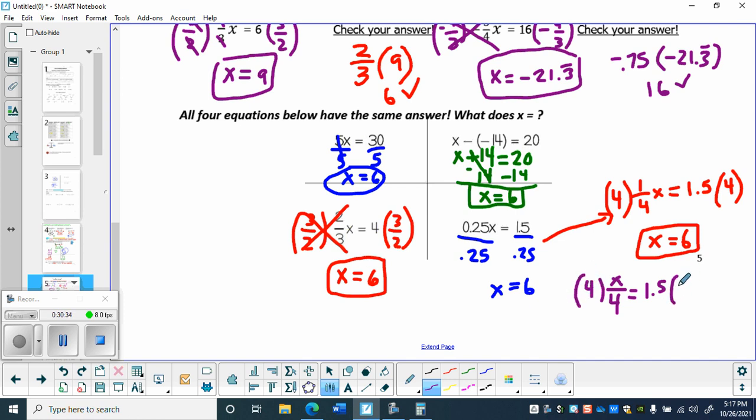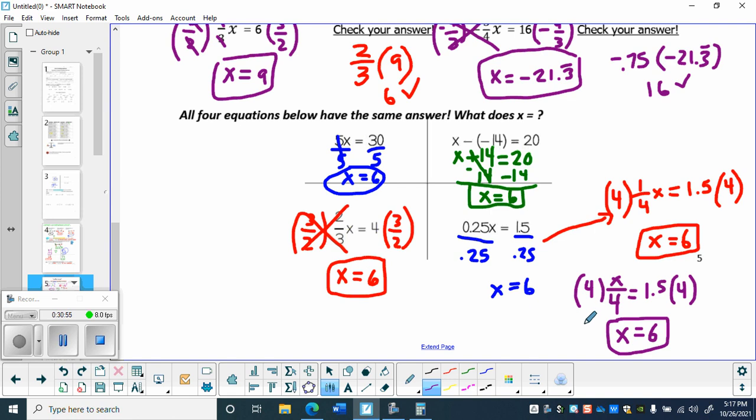So these problems are all actually the same, and that's the reason why students get really confused in this unit, because they think that everything is a different problem. Sometimes it is. But here, if you have the decimal versus the fraction, they're the same thing, and taking a fourth of something is the same thing as dividing by 4.